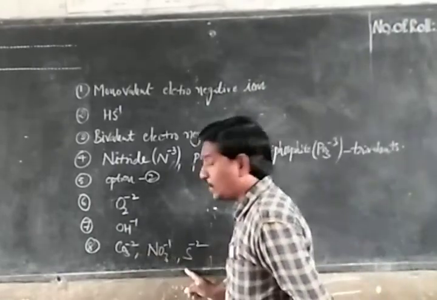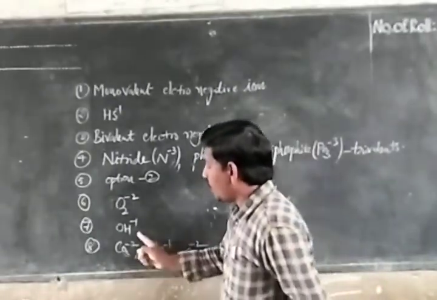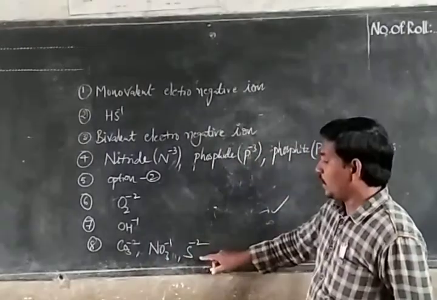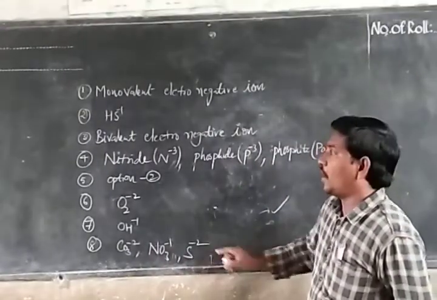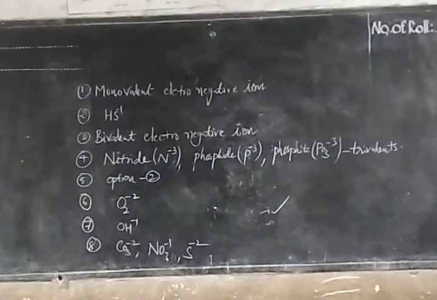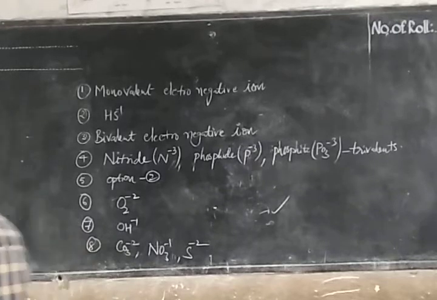All these are electronegative radicals. CO3 minus 2, NO3 minus 1, S minus 2 are the electronegative ions. Okay. Next.